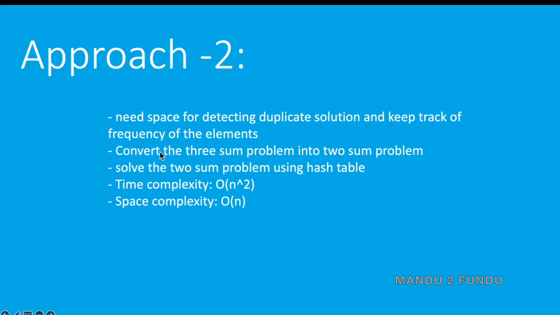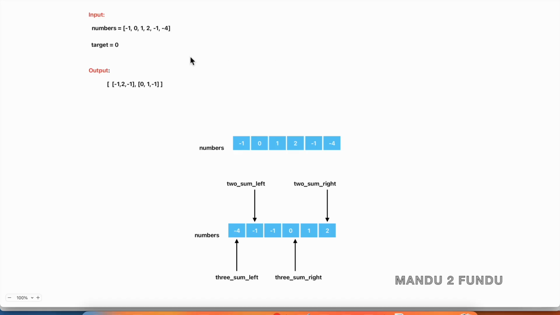So for that we need to allocate space, and then we convert the three-sum problem into a two-sum problem and solve each two-sum problem using hash table lookup. Here also the time complexity is order of n squared, and the space complexity is order of n because we allocate space for the hash table.